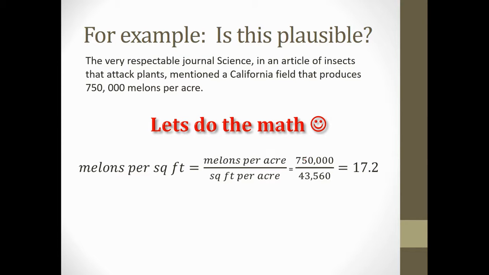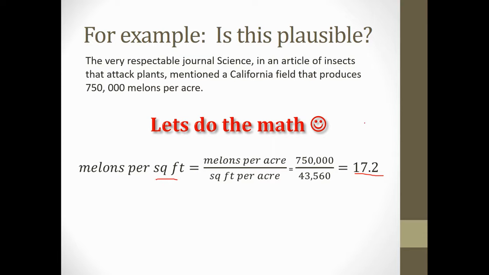So I have 750,000 melons for 43,560 square feet per acre, which puts 17.2 melons on the size of a desk.